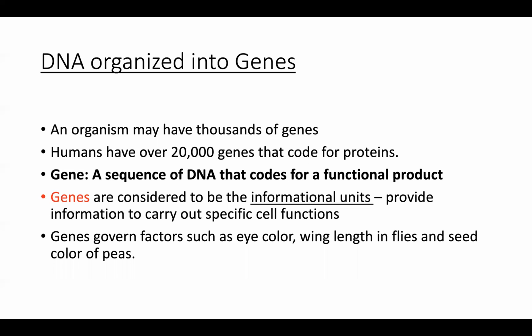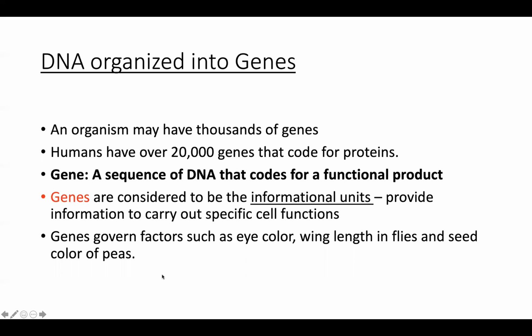We heavily rely on the process of transcription and translation for the production of proteins. Our DNA serves as a template, if you will, for the production of these proteins. So we use genes. Genes are informational units. They're just sequences of DNA that each code for a functional protein product. We refer to genes as informational units as they provide information to carry out specific cell functions.